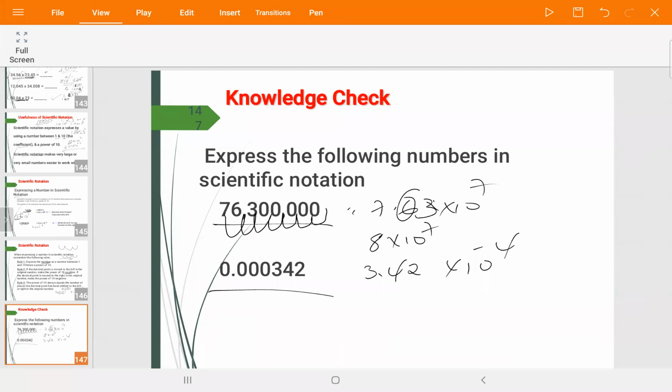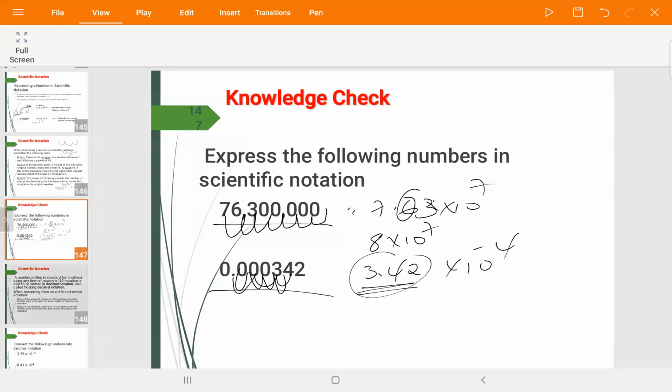Because now you are moving to the right, it becomes negative, so 1, 2, 3, 4. Remember, always the number should be between 1 and 10. So 3.42 times 10 to the power of minus 4. You were not asked to use significant figures here, so no problem. Very good.